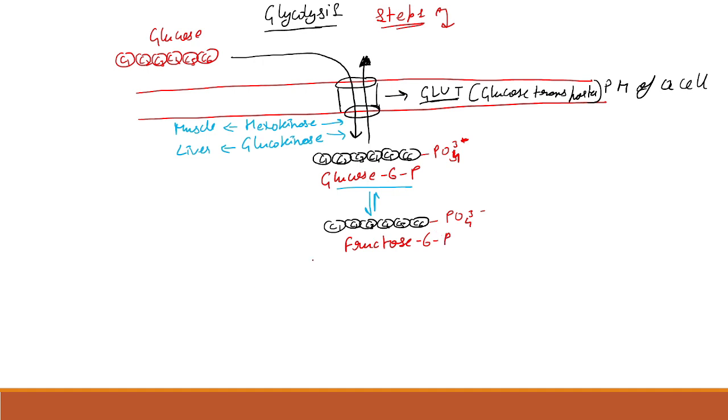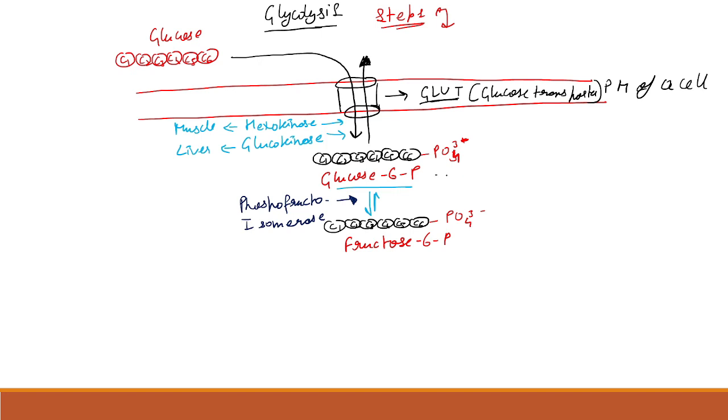The enzyme involved here, which will convert glucose 6-phosphate into fructose 6-phosphate, is known as phosphoglucoisomerase. Why are we converting glucose 6-phosphate into fructose 6-phosphate?